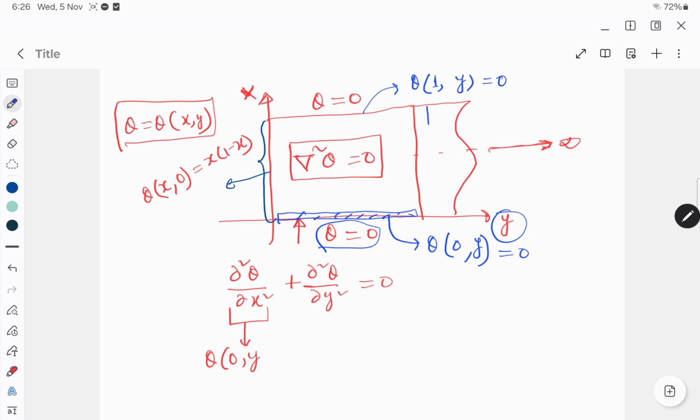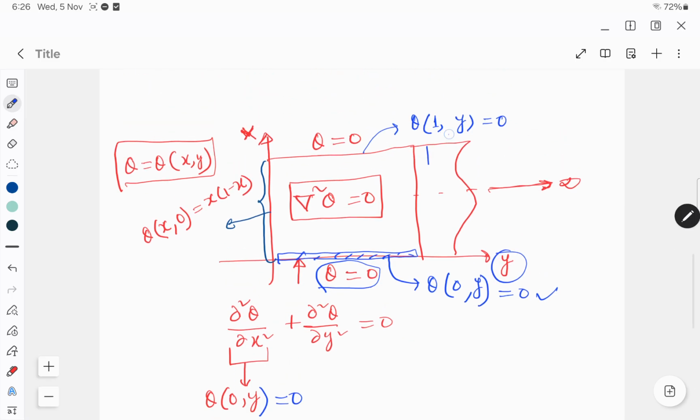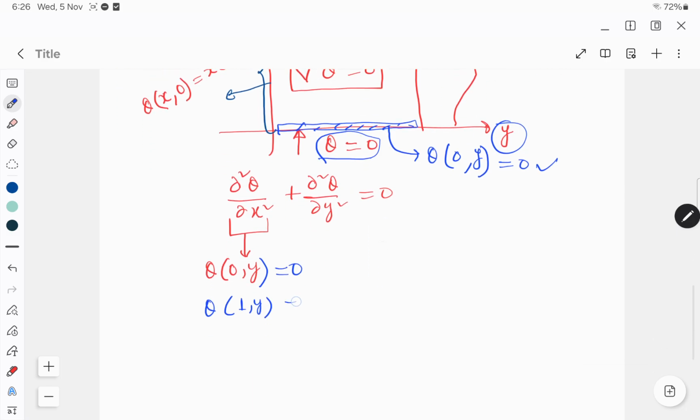So the boundary conditions that have come up, with respect to the x direction: theta 0 y is equal to 0, and theta 1 y, that is here, is 0.